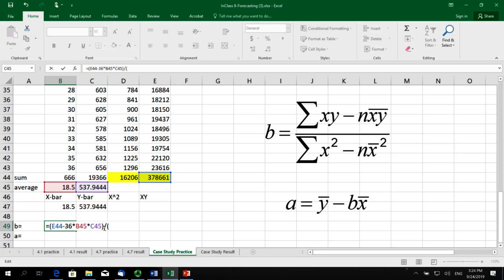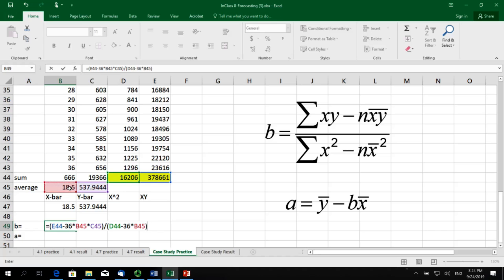And sigma x squared, this one, subtract n, which is 36 times x bar squared. So this is the x bar.